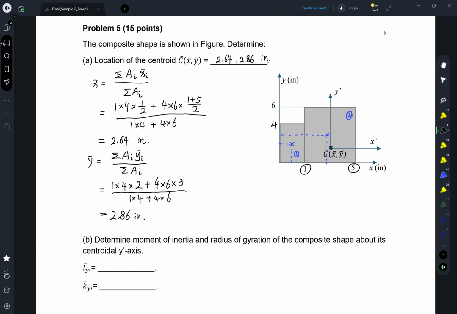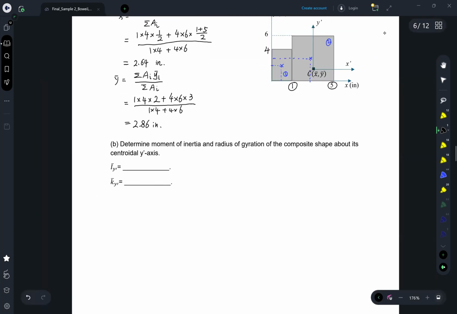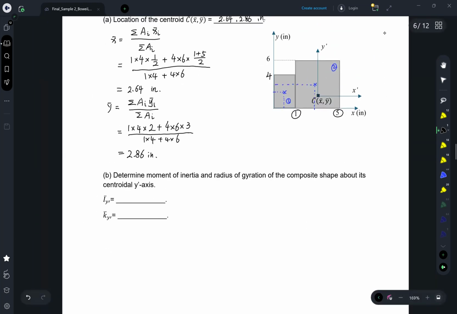Okay, so now we need to use the parallel axis theorem, right? So by the parallel axis theorem, we know that the moment of inertia of the entire area equals the summation of the moments of inertia of each part.